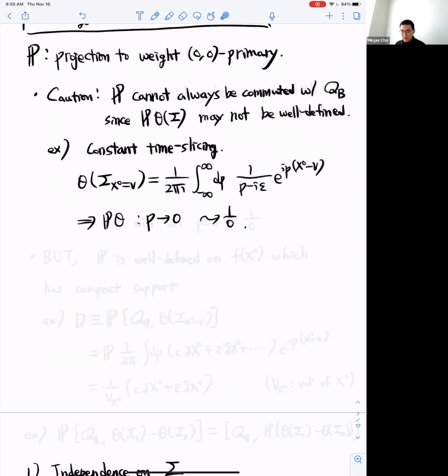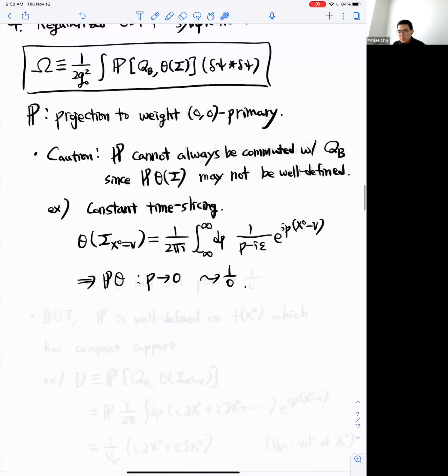So that's the reason why, even though we know that P commutes with the BRST charge, you shouldn't always be doing that, because P may not be well defined when acting on the theta. But as I'll show you very soon, P is well defined on this commutator.